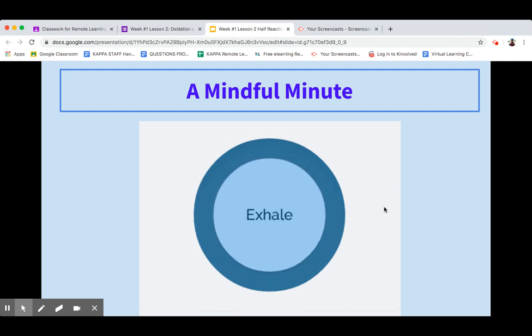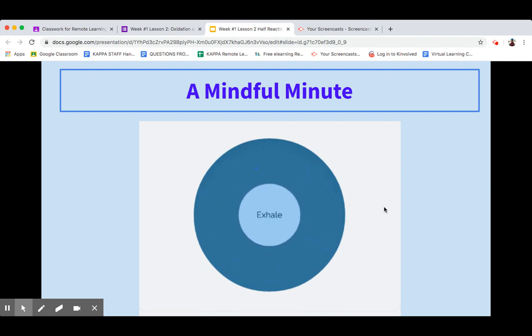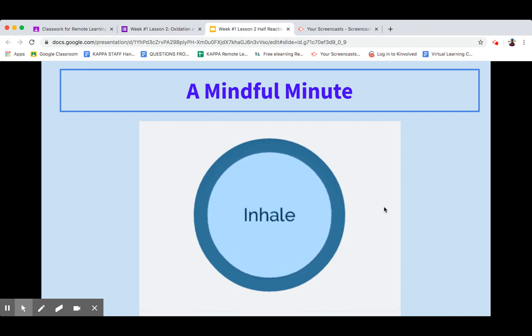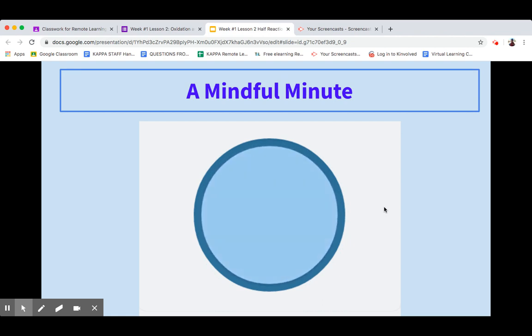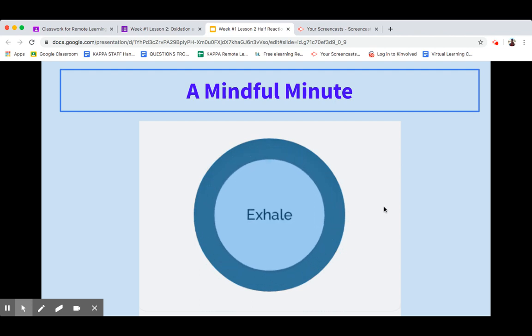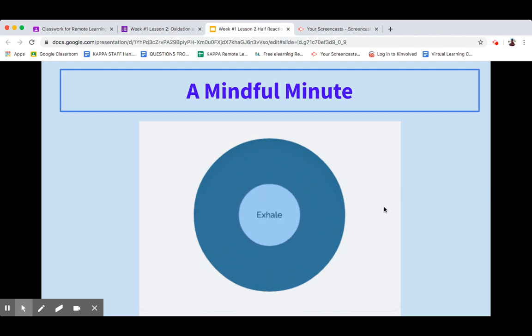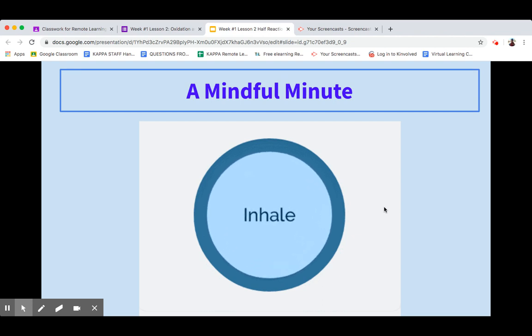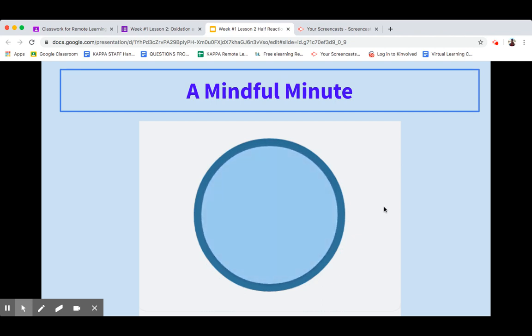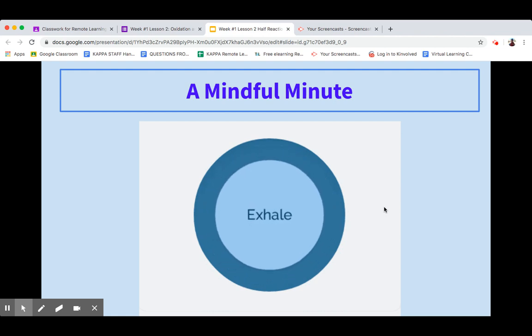And exhale, push the air out. Again, inhale, nice deep breath. And exhale, pushing the air out. Inhale deeply. And exhale fully.